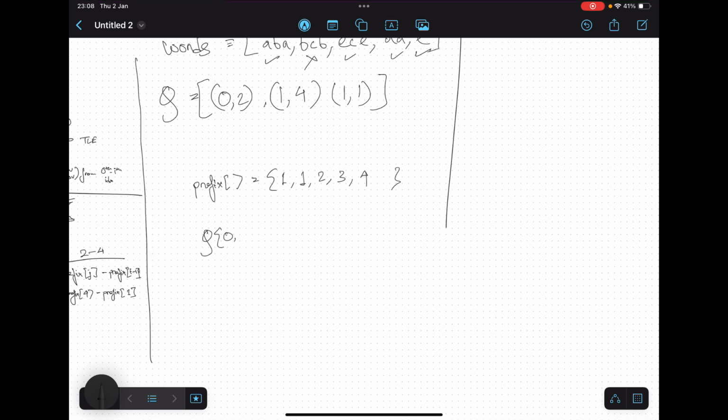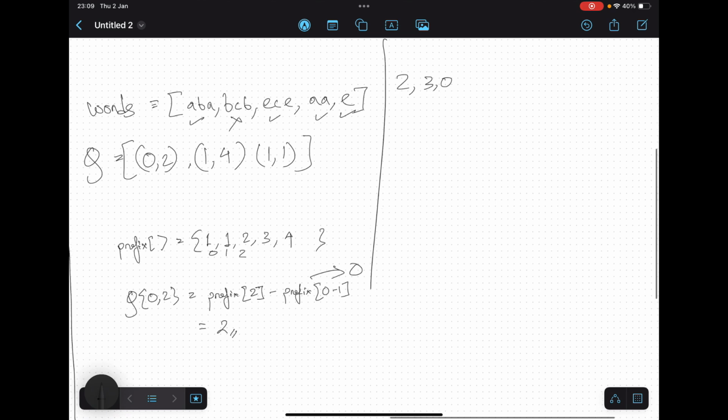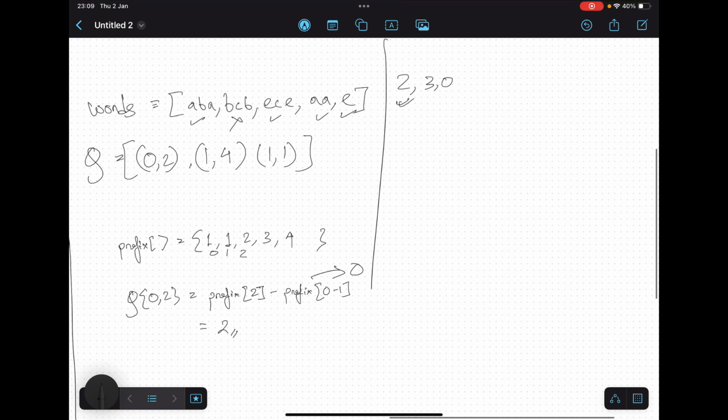Query 0, 2 can be solved by prefix 2 minus prefix 0 minus 1. So basically this means that no words are taken, so this would be 0, and prefix 2 gives us 2, which is indeed our answer. Now let's check for query 1, 4.